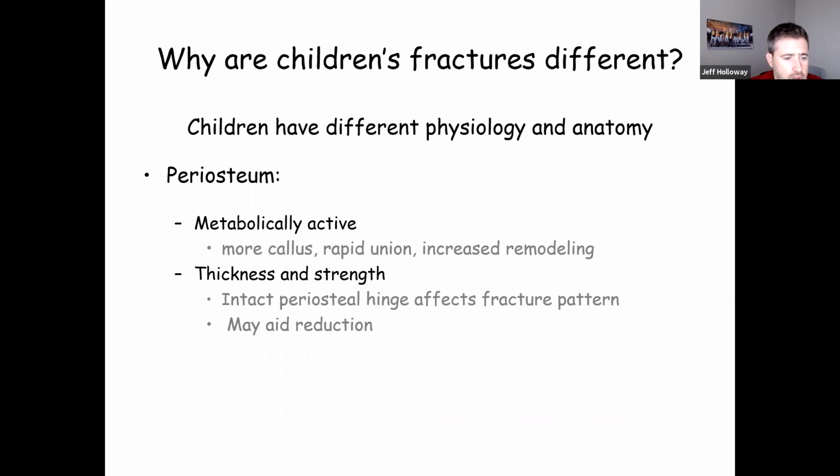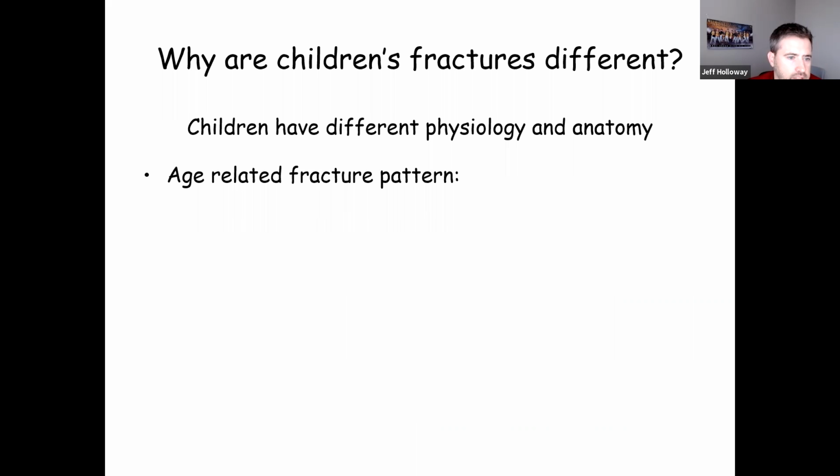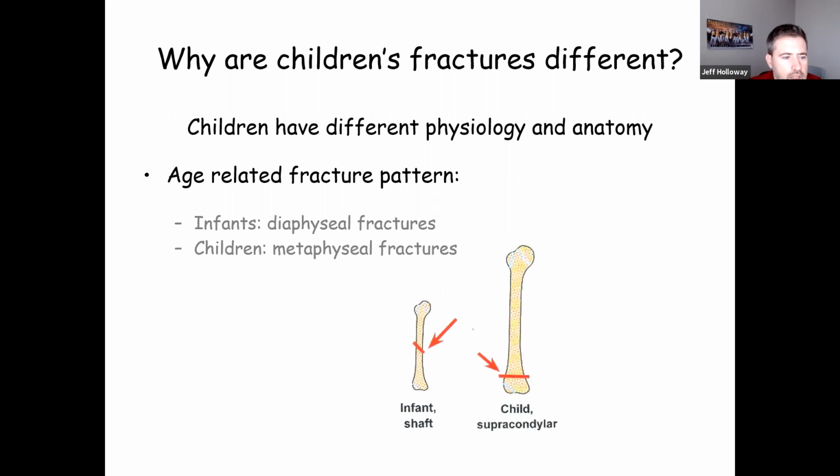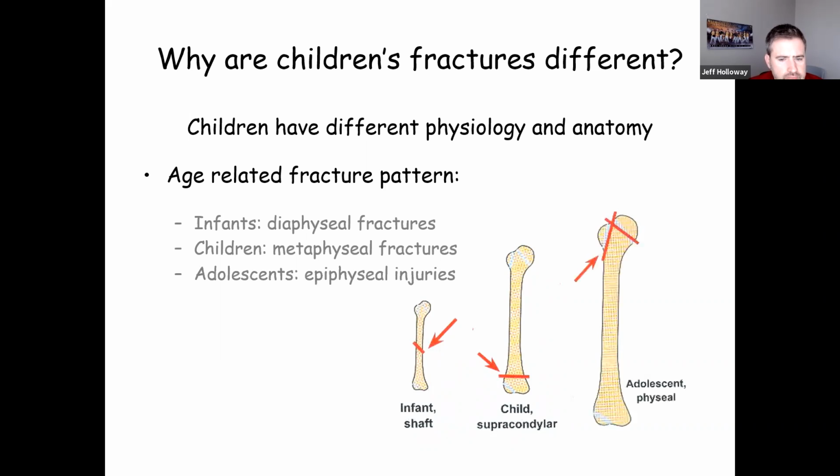Again, the periosteum holds things in place and helps keep things tight, and sometimes it keeps it from moving as much, and that helps explain why kids can heal faster. And then you have the different age-related ones. Infants tend to have more diaphyseal fractures. Children get the metaphyseal fractures, the supracondylar fractures that you've probably heard about.